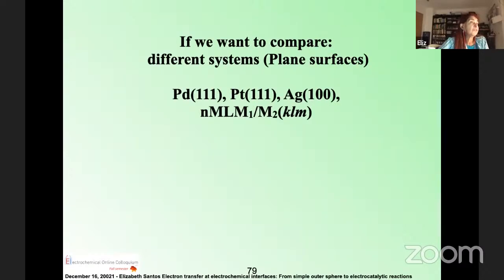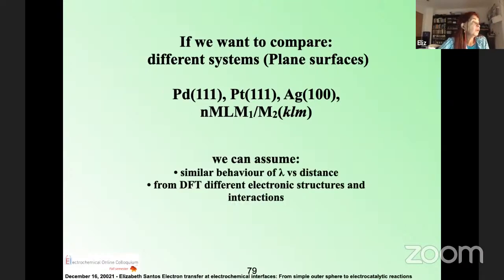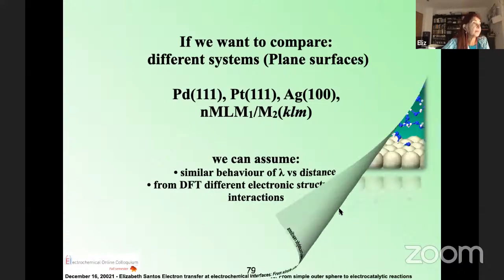The first easy system to investigate is plane surfaces of different materials. For this case, we can assume that the behavior of the solvent, or the reorganization of the solvent with the system, is similar, at least. And from DFT, we have these different electronic structures.